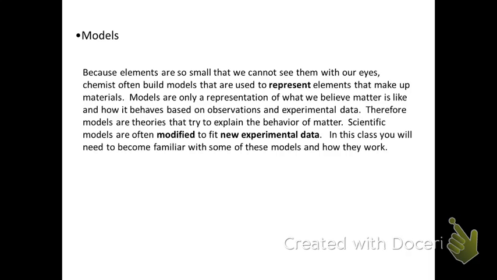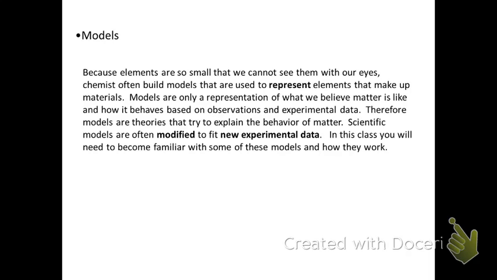Alright, so just a minute ago when we were looking at gold elements, we were talking about the fact that we cannot see the elements of gold with our eyes. In fact, again, we have to use very, very special microscopes to even begin to glimpse the surface of elements. So most of the time we build models to represent what elements might look like or how they interact or behave at the submicroscopic level.